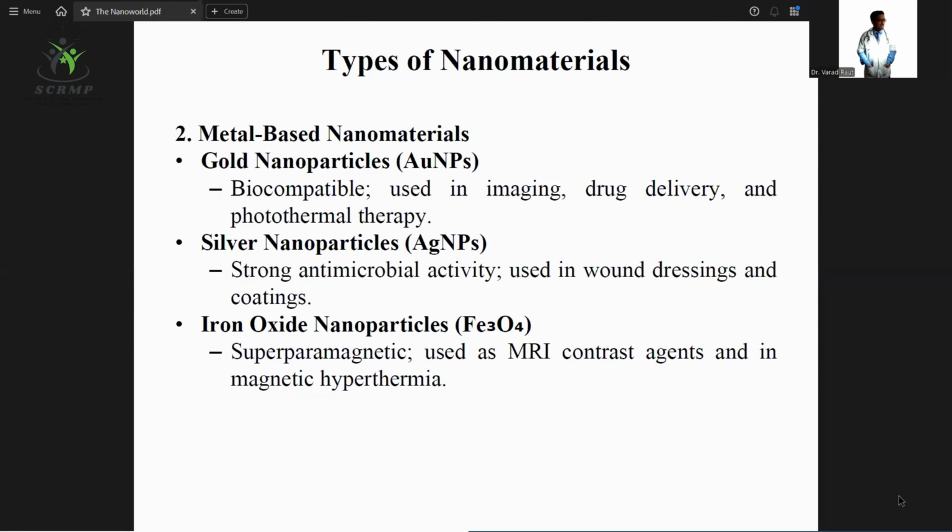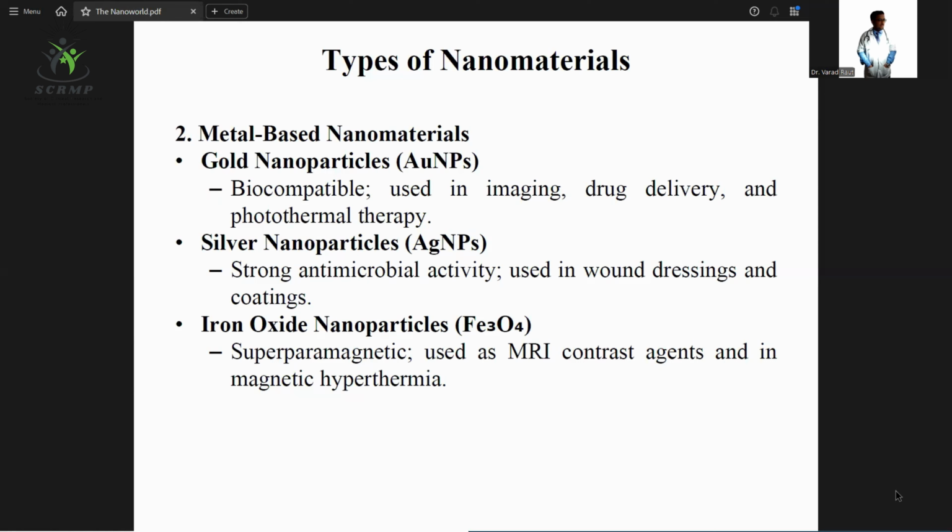Gold nanoparticles are biocompatible and are currently useful in imaging, drug delivery, and most widely in photothermal therapy. Silver has a property of strong antimicrobial activity, so it is useful in wound dressings and coatings. So silver nanoparticle is used as an antimicrobial agent.